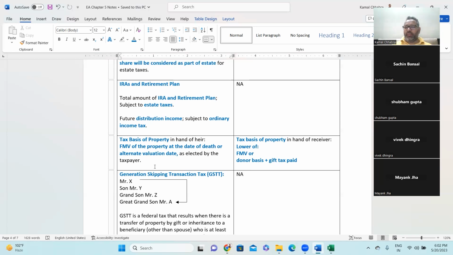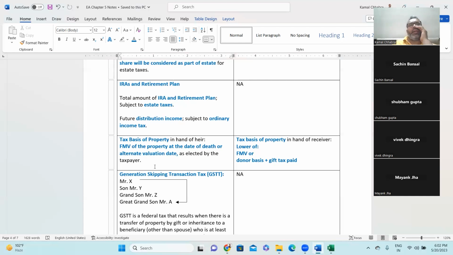What are the three categories of IRA? Deductible, non-deductible, or Roth, right? Traditional deductible IRA, traditional non-deductible IRA, and Roth IRA. Let's assume an individual has registered himself to the Roth IRA, and for the last 10 years he is paying money for the retirement benefit plan into the IRA.